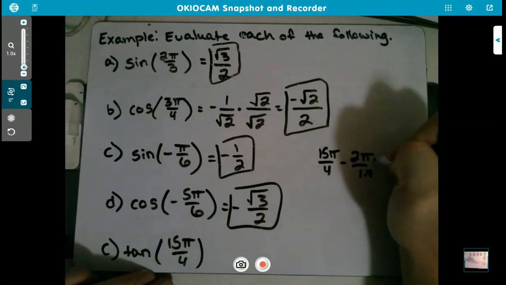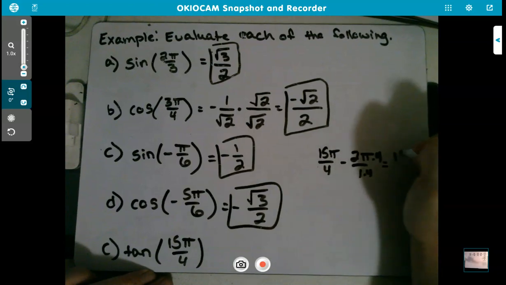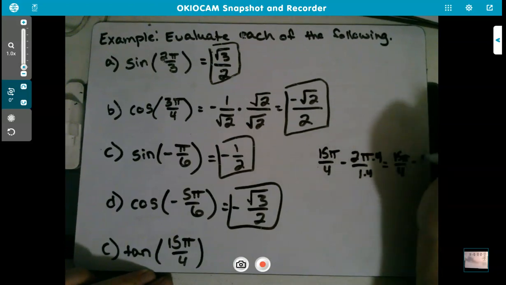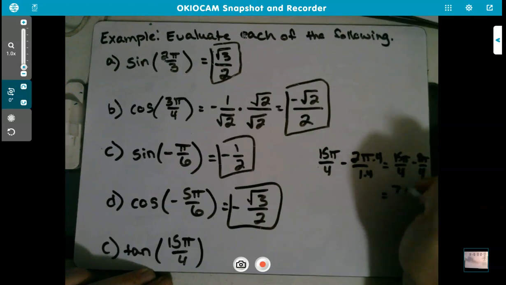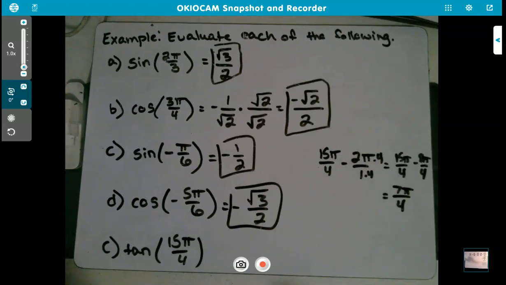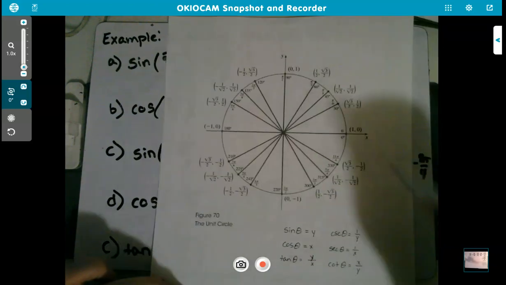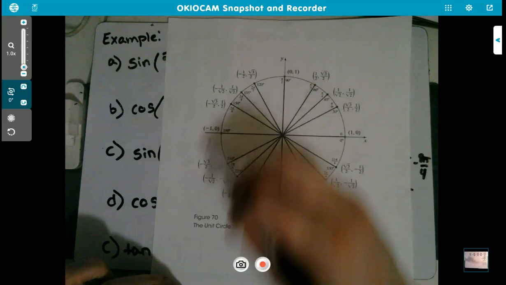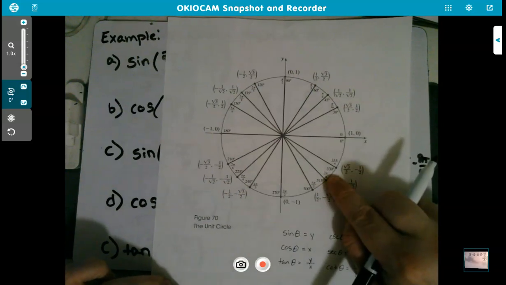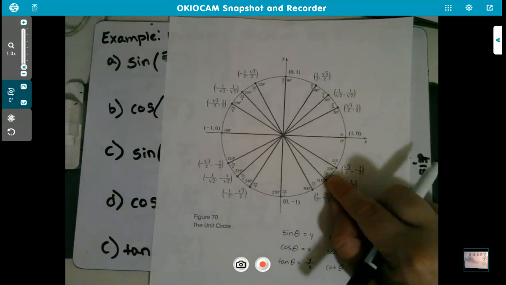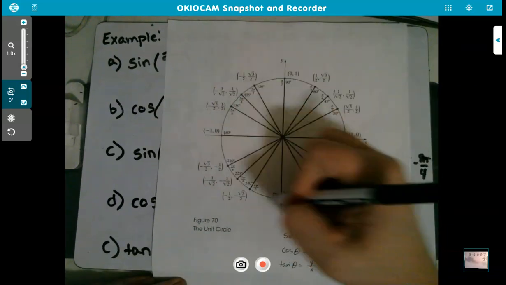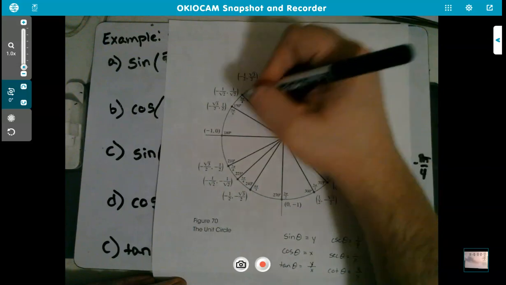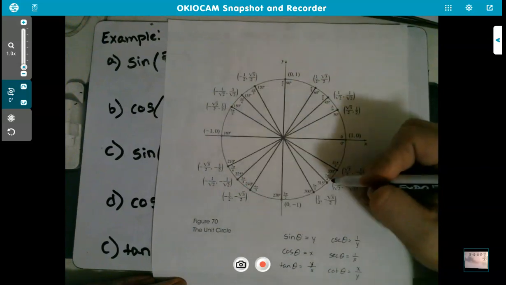So times 4, that's 15 pi over 4 minus 8 pi over 4. 15 minus 8 is 7, so 7 pi over 4. So let's see if 7 pi over 4 is there. And if I look at the angles that I have, there it is. It's right there. So what this means is to get to 15 pi over 4, I have to do a full circle and then keep going again until I get to 7 pi over 4 right here.